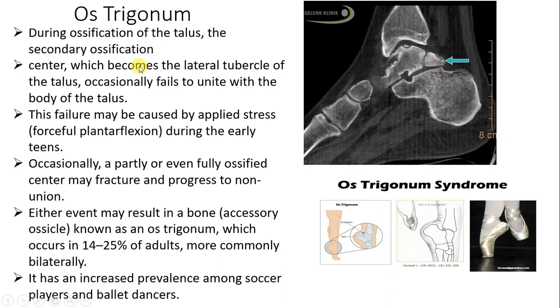During the ossification of the talus, the secondary ossification center for the lateral tubercle of the talus occasionally fails to unite with the body of the talus.